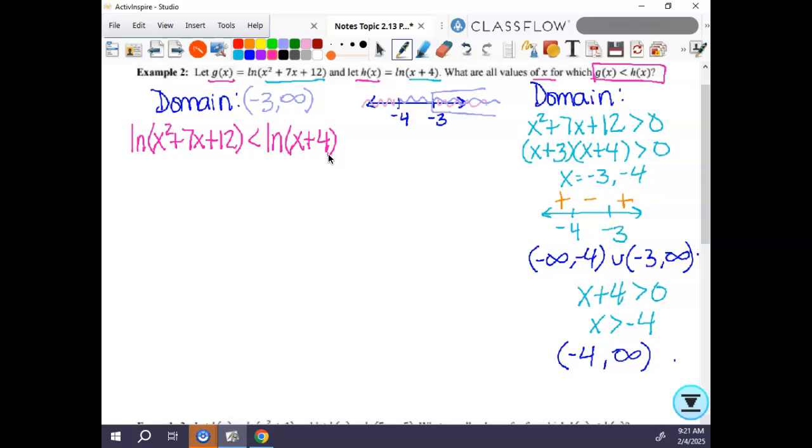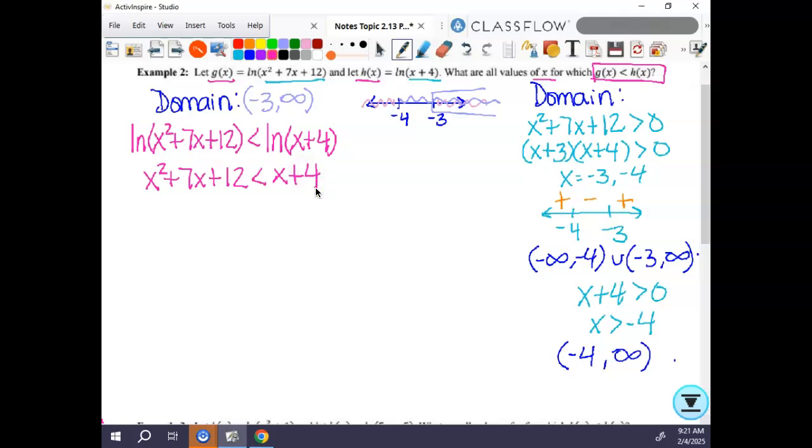Okay, just setting it up. Now, I have a single log on each side, so I can just drop the logs, okay? So I can drop the logs. I'm left with x squared plus 7x plus 12 is less than x plus 4.